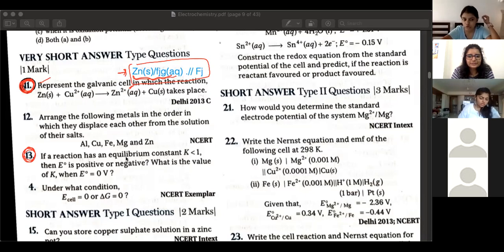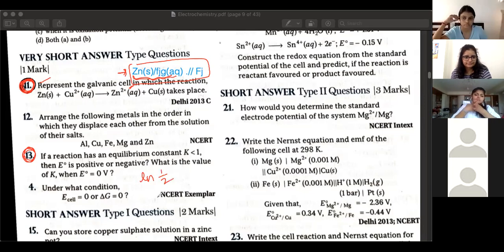E naught is equal to 0.0591 upon n into ln K. So if K is less than 1, then the logarithm, ln K, will be less than 1, meaning it's going to be some fraction, say 1 by 2, half.